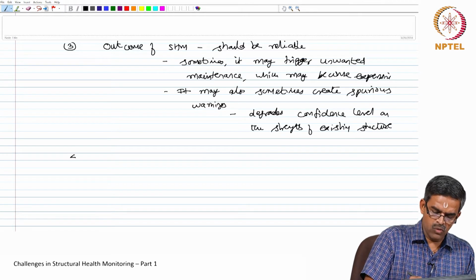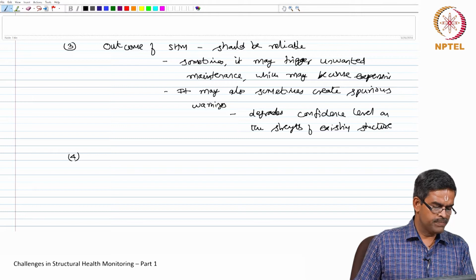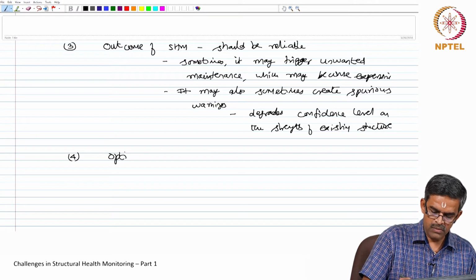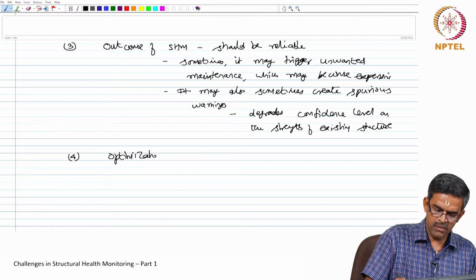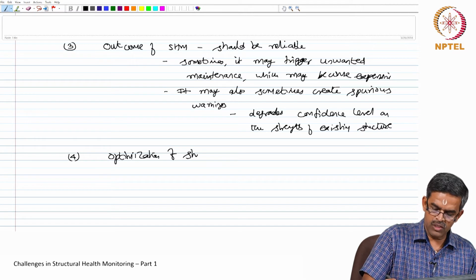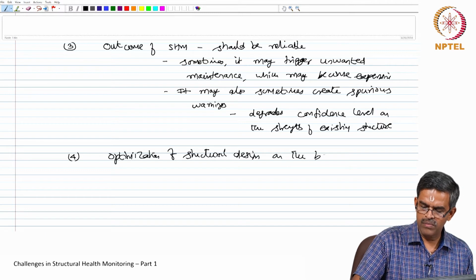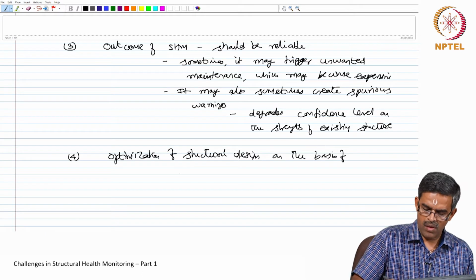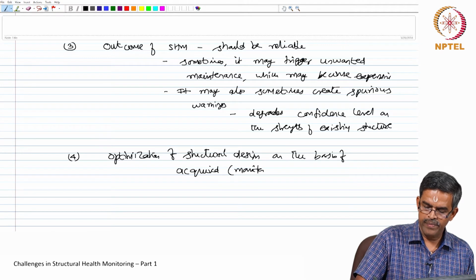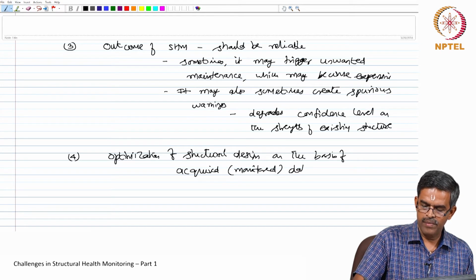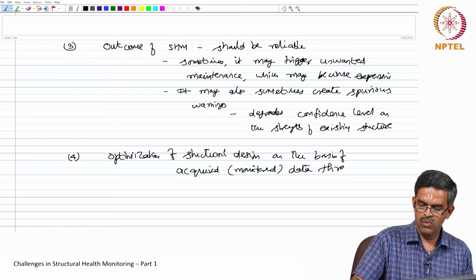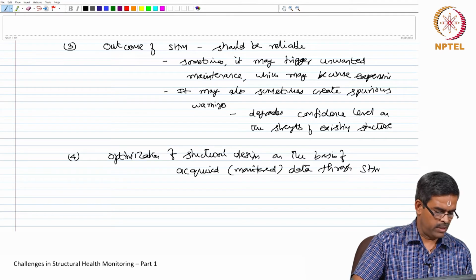The fourth issue is that optimization of structural design on the basis of acquired data through health monitoring.